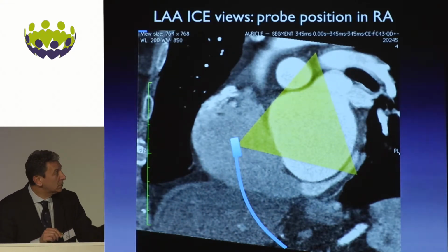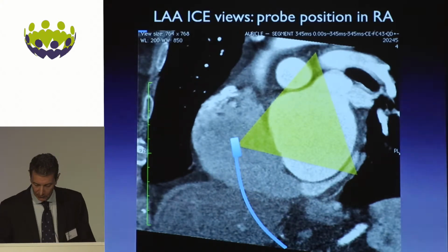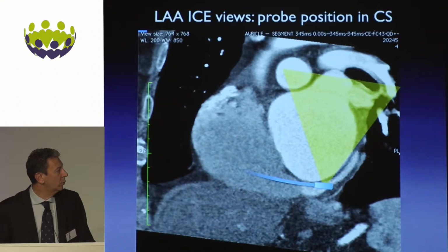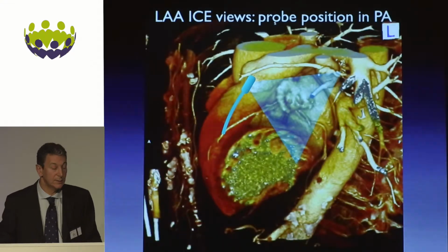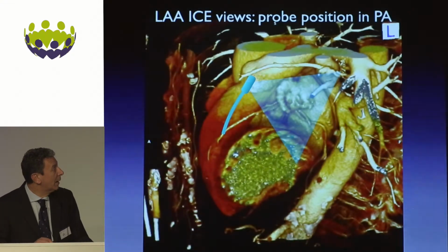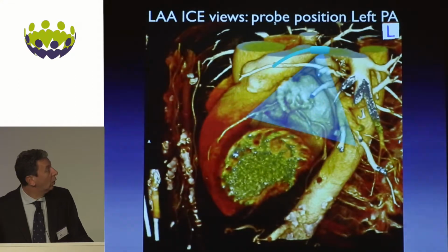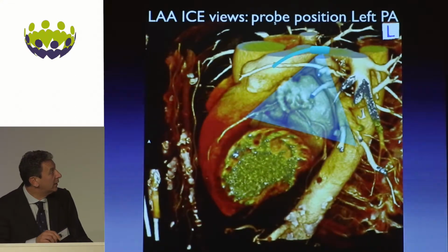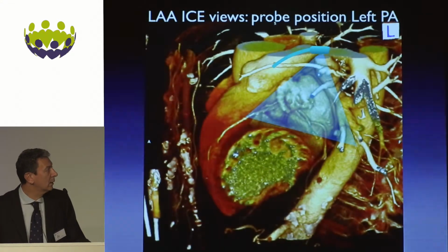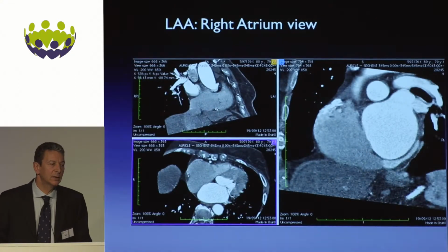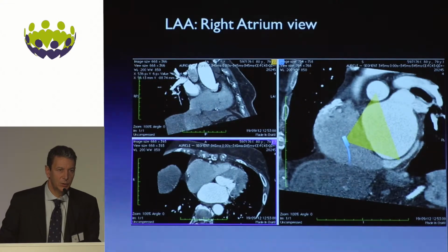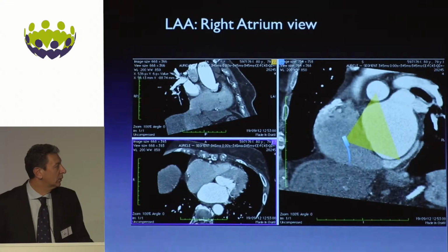It depends on the spatial orientation of the LAA. You can advance the probe in the mid coronary sinus, or in the pulmonary artery, or if you want, in the left pulmonary artery. We recommend starting with the classic projection from the right atrium.